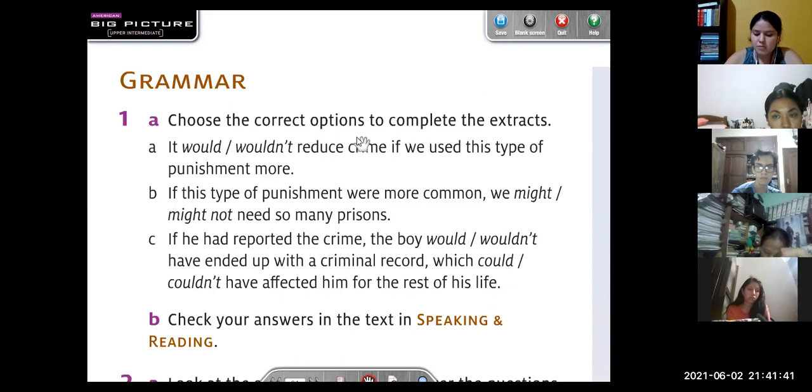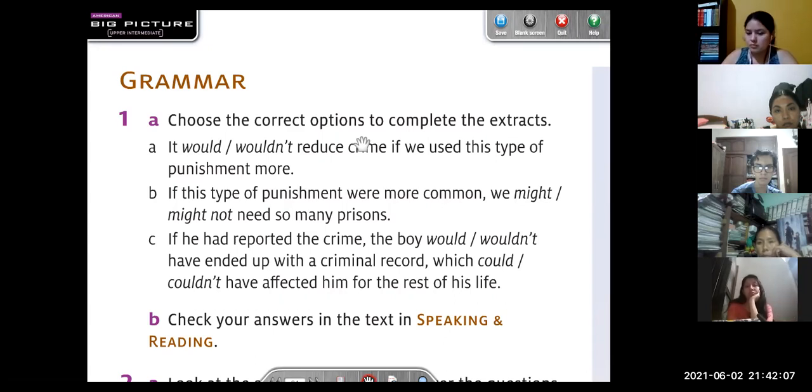I'm going to show you a picture. Let me look for the picture. I'm going to show you the conditional sentences so you can remember, because this is something you have learned before in other levels. Okay? Let me show you.